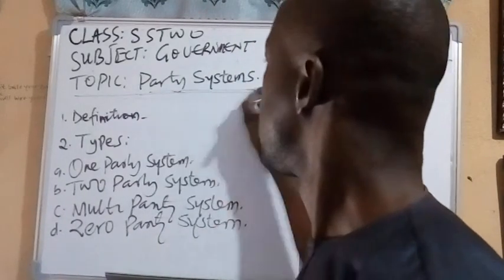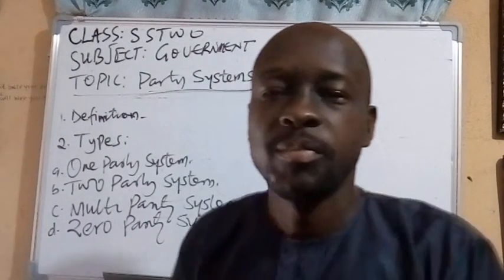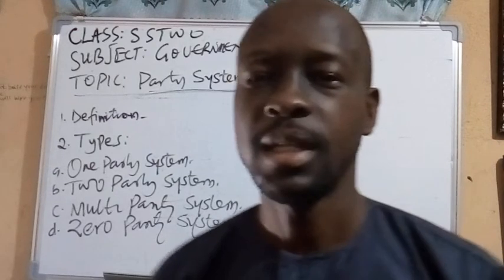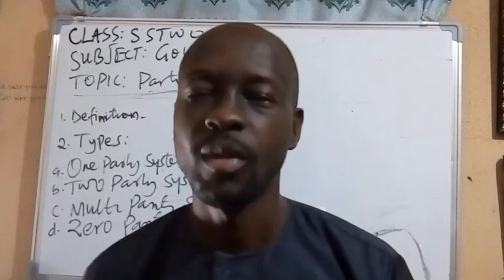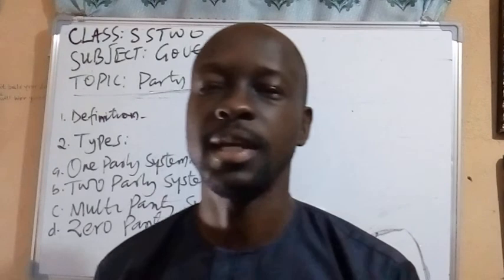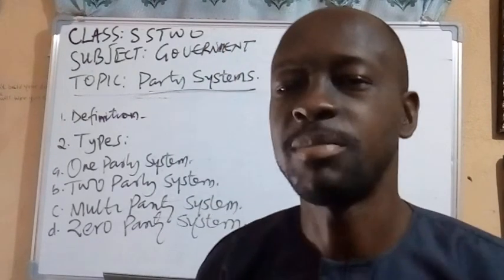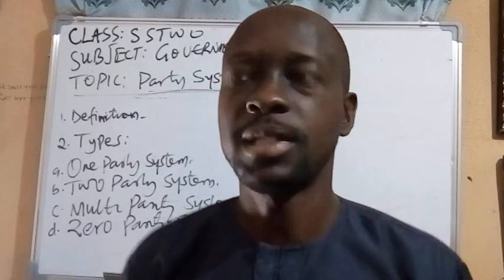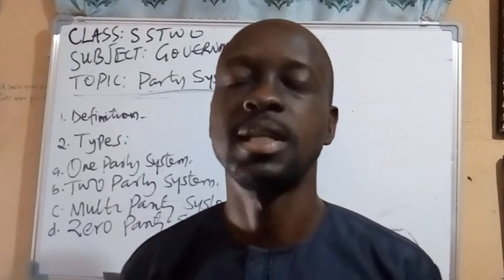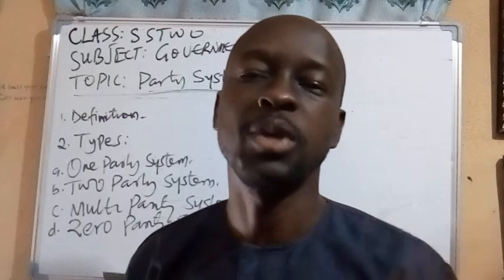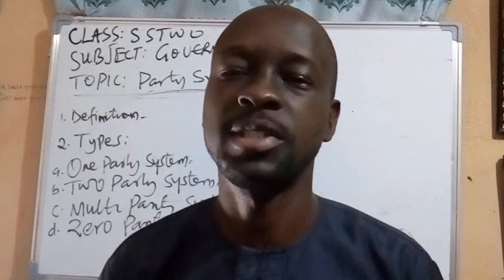Party systems. Let us understand the meaning of party systems. When we get into a political system, a democratic system, we usually have political parties. In some places, we have many political parties, and maybe only one or two are capable of winning elections.